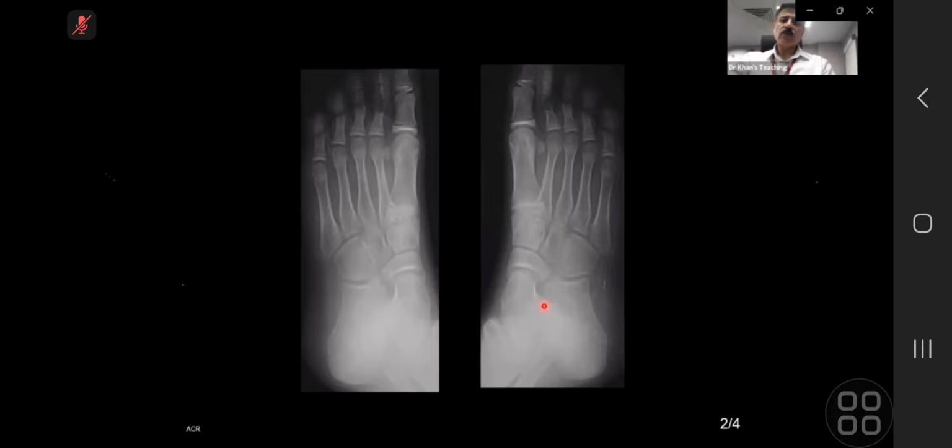Now, with that background, look at the concept. The concept is that coalition can be fibrous, cartilaginous, or bony. Bony means there is a bony bar. When there is cartilaginous or fibrous coalition, then you will see some changes around in the bone: sclerosis, the joint space might be reduced, and things like that.